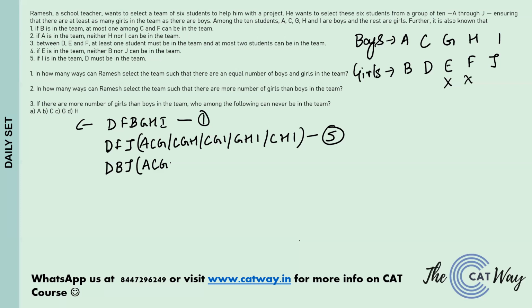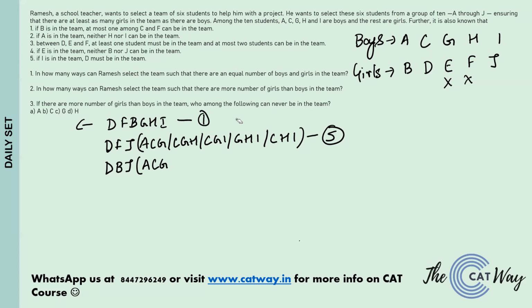If A is not selected, take care. Now A is not selected, we are left with four boys, C, G, H, I, and none of them have a problem with D, none of them have a problem with B, and none of them have a problem with J. So that means all these people can come in together in the similar way as this.